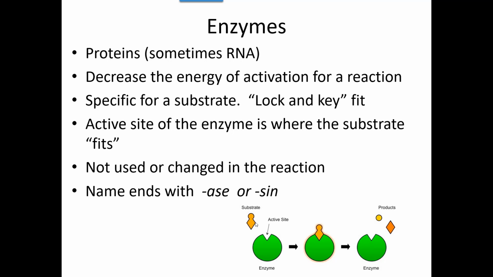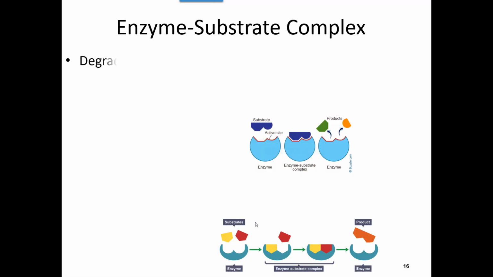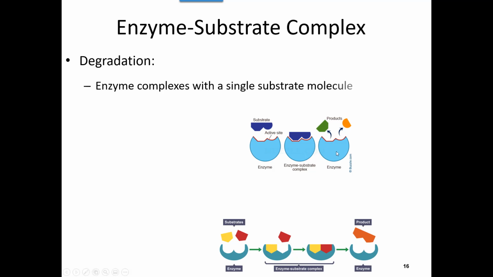Enzymes, as I said, are going to take a substrate and make a product. Again, they are not used up, they are just recycled, they're not changed. So the two different types of reactions that an enzyme can do are that they can break things down or they can build things up. They're going to take a substrate and break it down, or they're going to take substrates and build something with them.